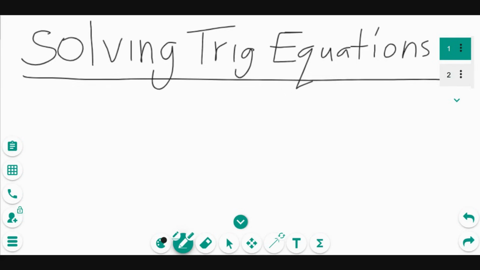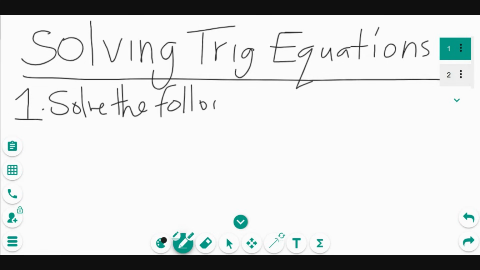So I'm writing the first question here. Our first question is, solve the following equations.